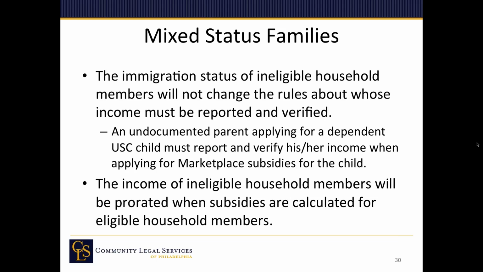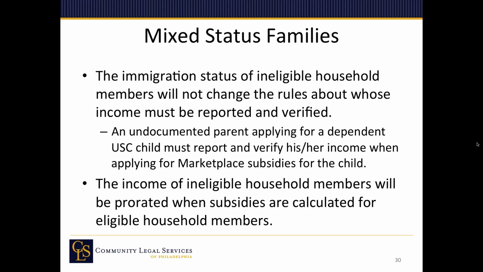citizen child, the undocumented parent's income will be prorated, which in this case means it'll be cut in half, right? Because it's only the U.S. citizen child who's getting health care coverage, only half of the income will be counted.